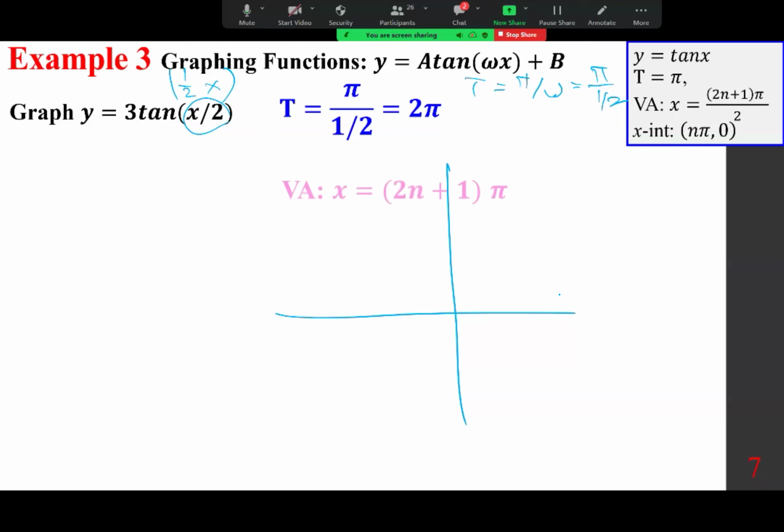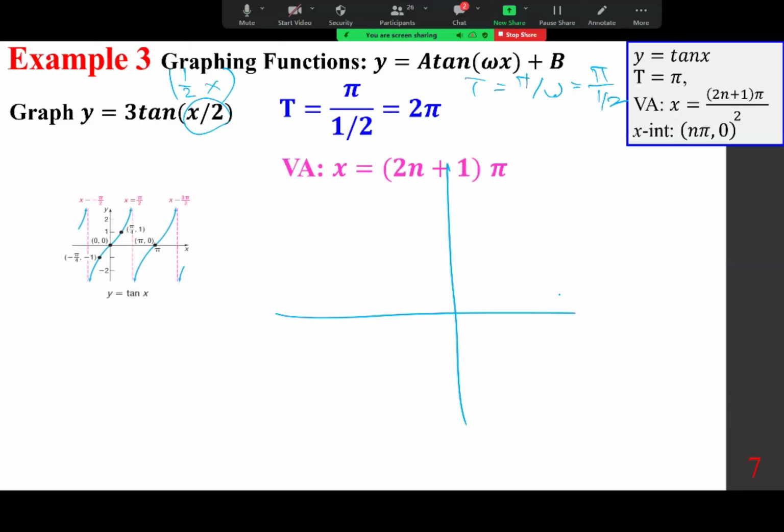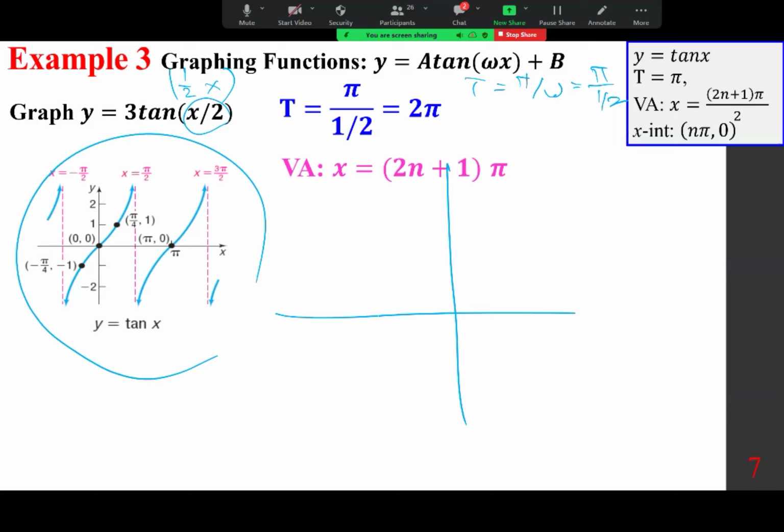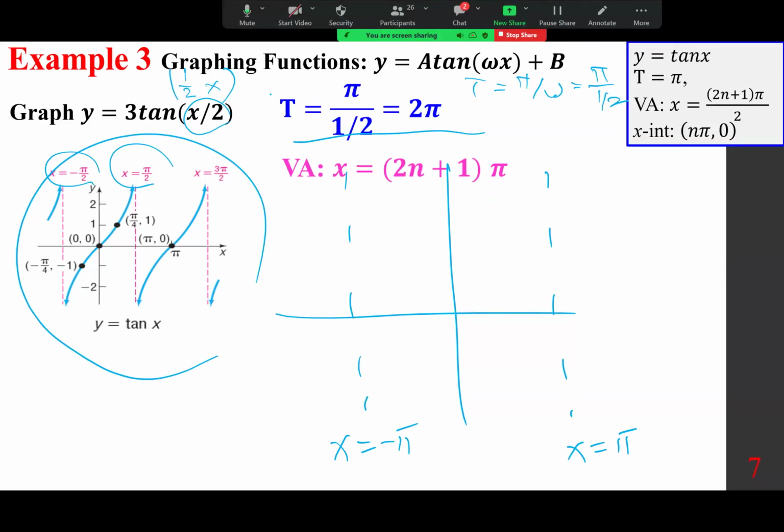So just to give you an idea, first let's just look at this function. So this is going from minus pi over 2 to pi over 2. Now it's going to go from x equals negative pi to x equals pi. One complete cycle. That's what happens as a result of this. This is what I want you to see.